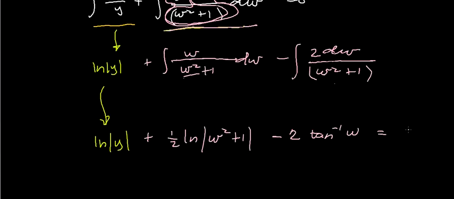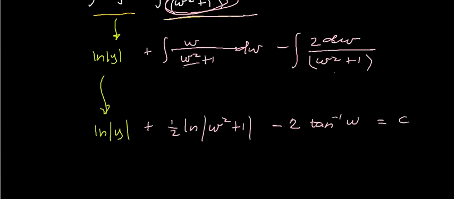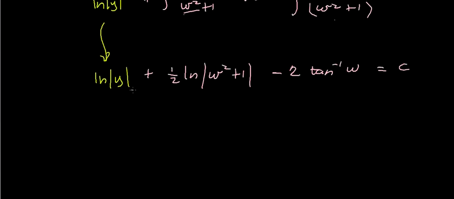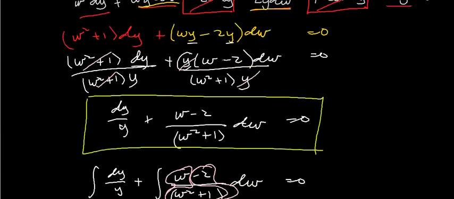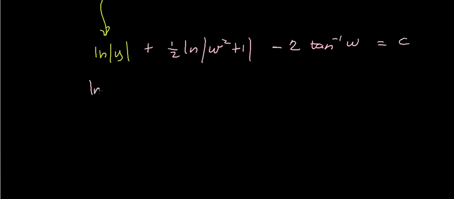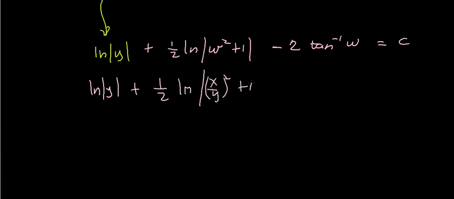Or you can also use ln of c, but we need to bring back the value of our w, which is x over y. So we have ln of y plus 1/2 ln of (x over y, squared, plus 1) minus 2 arctangent of x over y is equal to c.